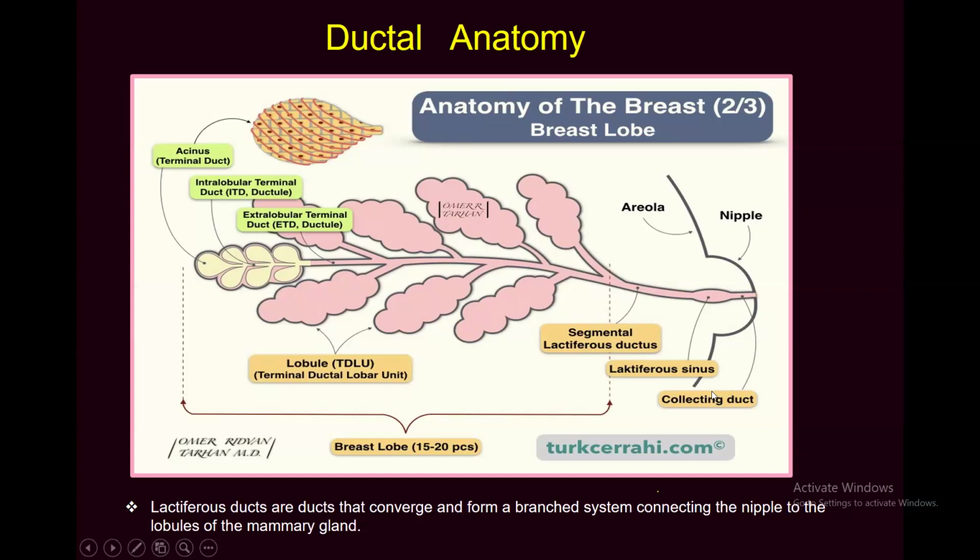As we mentioned before, we call it a collecting duct that opens into the nipple, and just behind the nipple, this is the lactiferous sinus, the focal dilatation, and the segmental duct then starts to divide into subsegmental ducts, until it reaches the terminal ducts. These are extralobar terminal ducts. This is extralobar, and inside is intralobar terminal ducts.